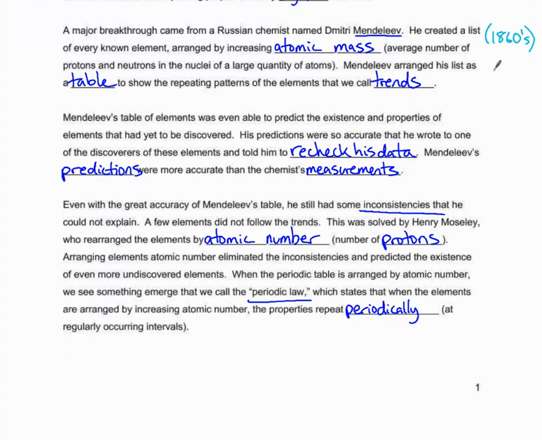For protons, the discoverer is Rutherford, who discovered them in 1917. Neutrons, James Chadwick, discovered in 1932.